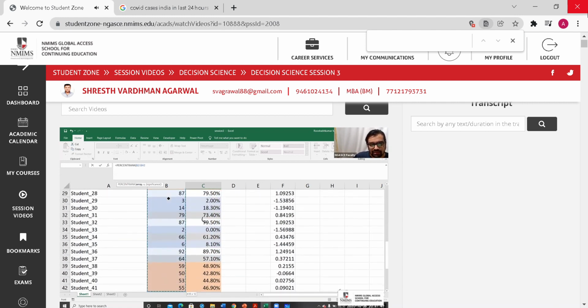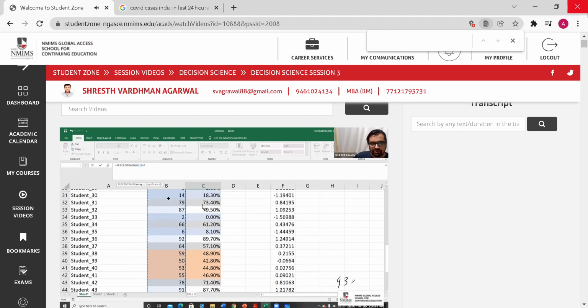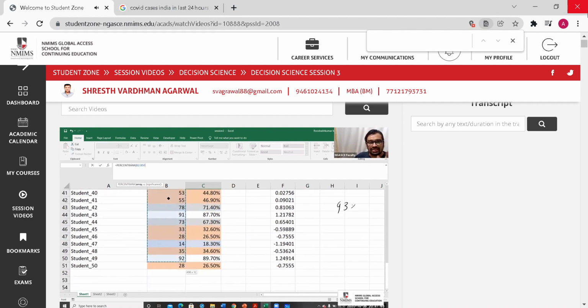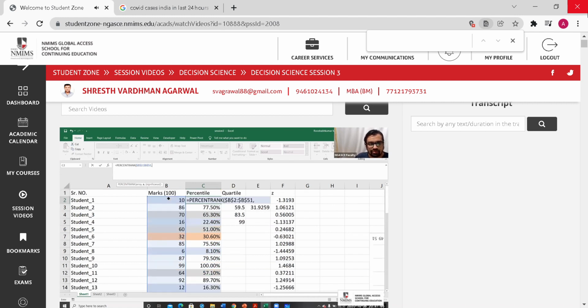So I first define the range, then it identifies the maximum and the minimum marks in this range, and then the individual observation. This way percentile marks can be calculated.